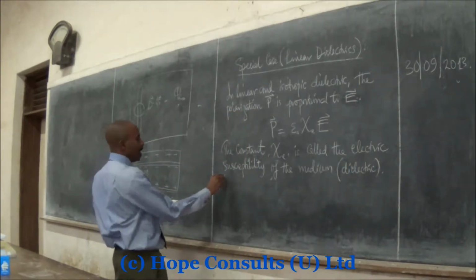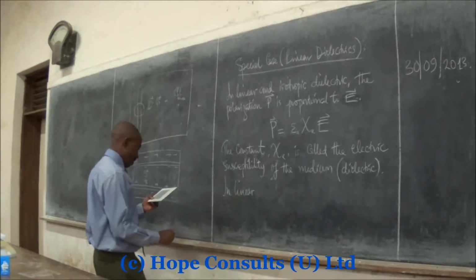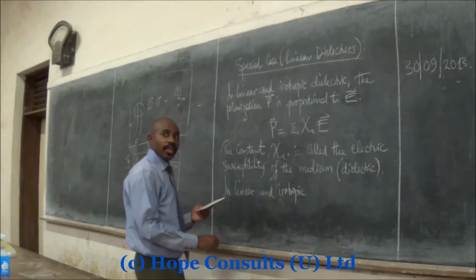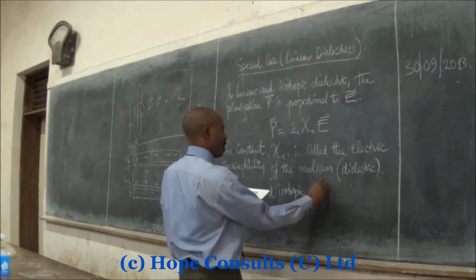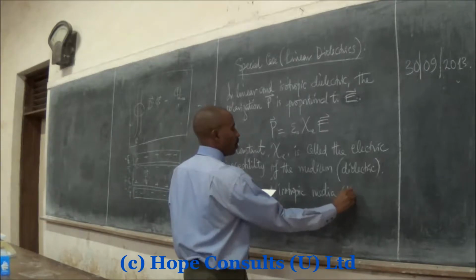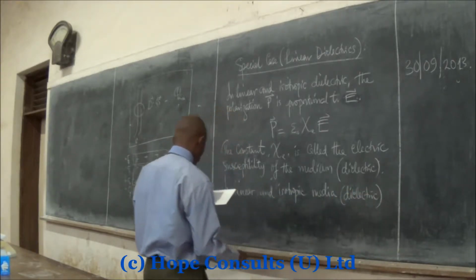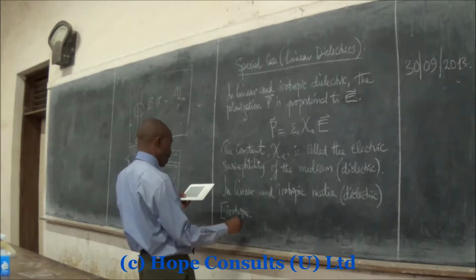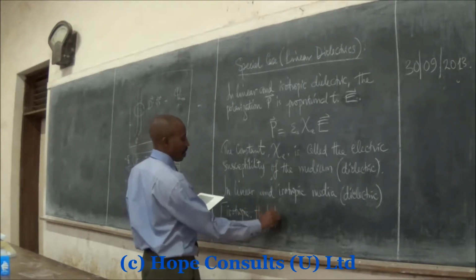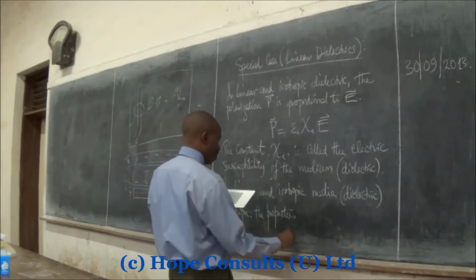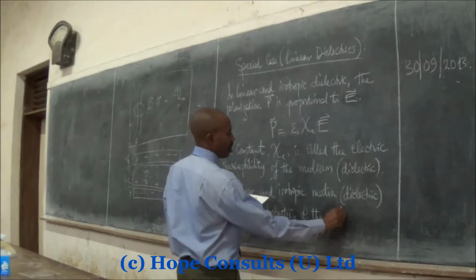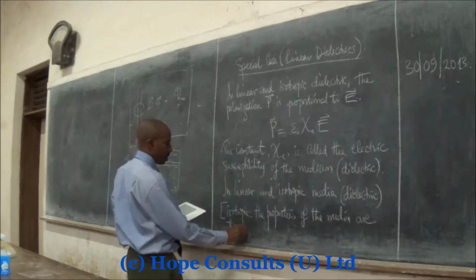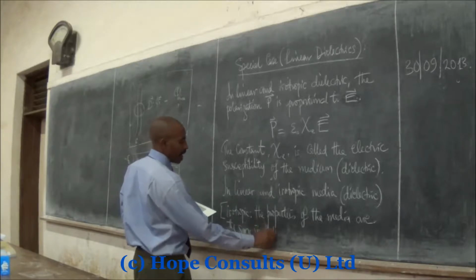So in this linear and isotropic media, which we call dielectric, isotropic implies that the properties of the media are the same in all directions.